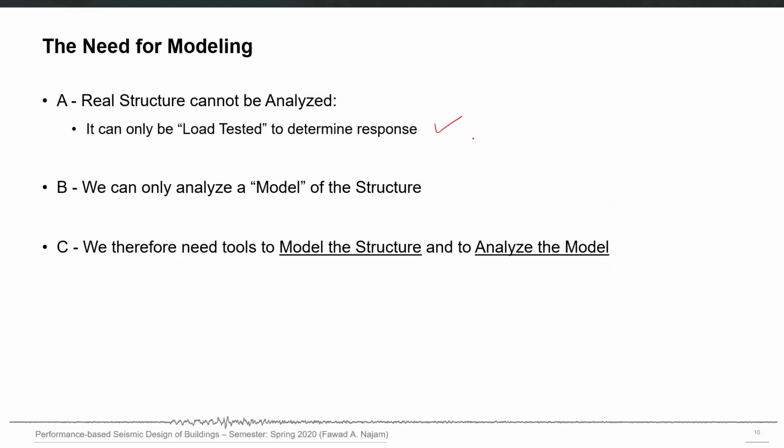By the way, for each structure we cannot do that. We can perform load testing on some specific elements of a structure, and that too only up to a certain extent, not for the whole structure. What we can do is analyze the computer model of a structure. So we need tools to model the structure and to analyze the model.